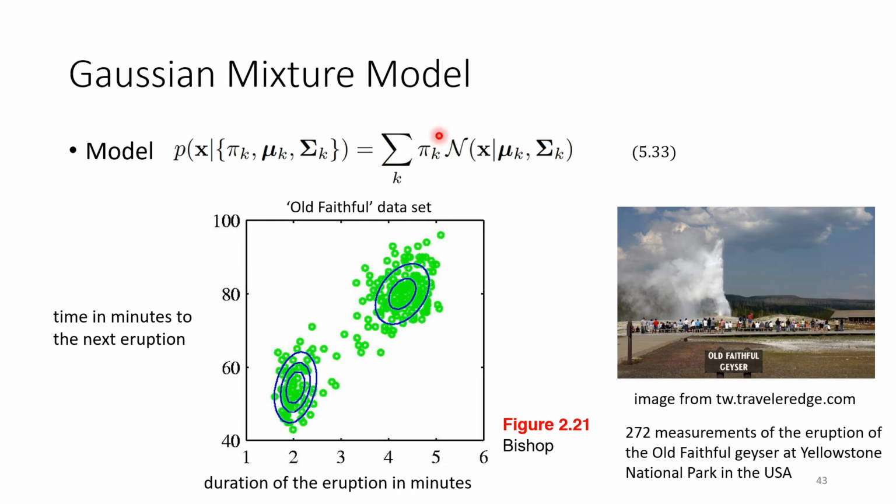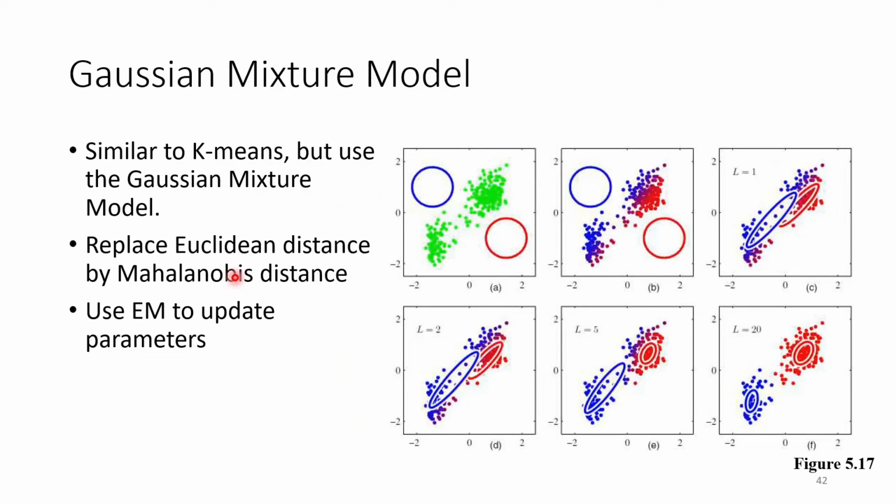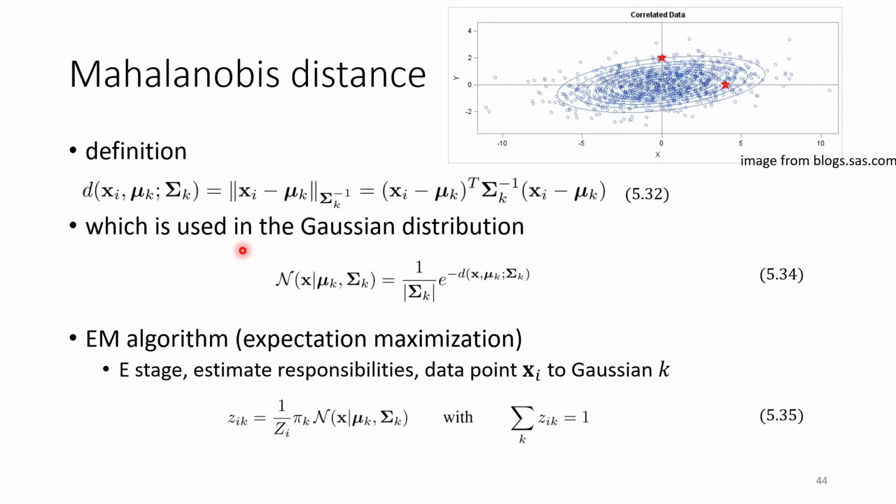Here we mentioned we replace the Euclidean distance by the Mahalanobis distance. And what is the Mahalanobis distance? The definition of the Mahalanobis distance is this. And where do we see it? It is, in fact, the exponential term of the Gaussian distribution. So what does this mean? Given a Gaussian distribution like this, suppose, let me enlarge.